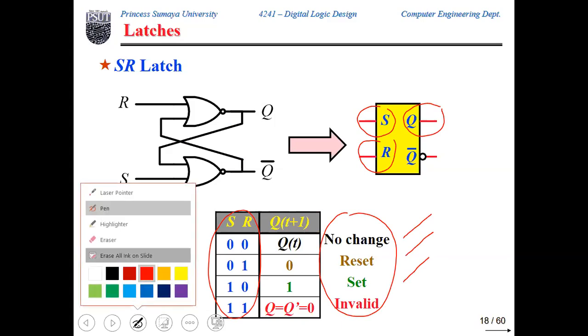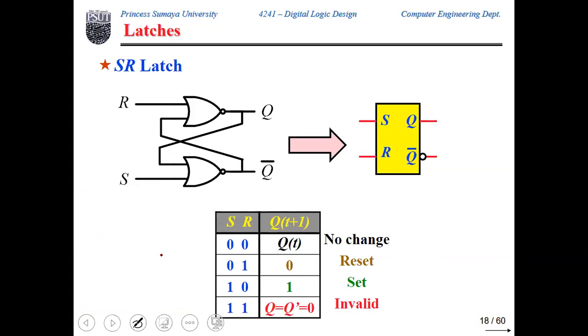Okay. Now, if I ask you this question, we said that these inputs are used to modify the stored value, and also they are used to specify when the stored value can be changed, right?